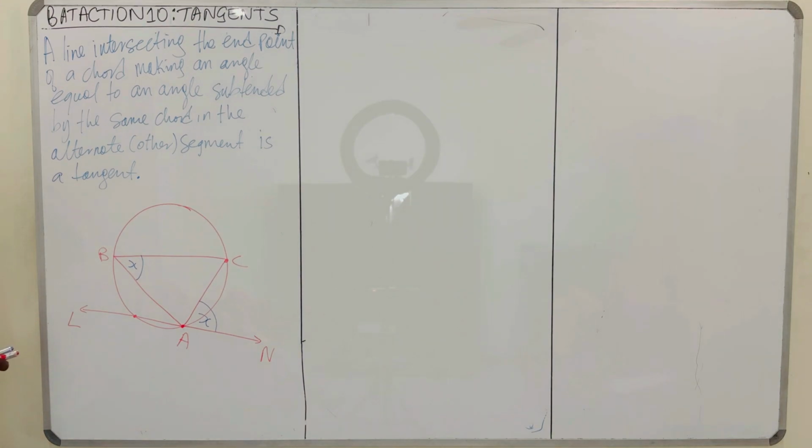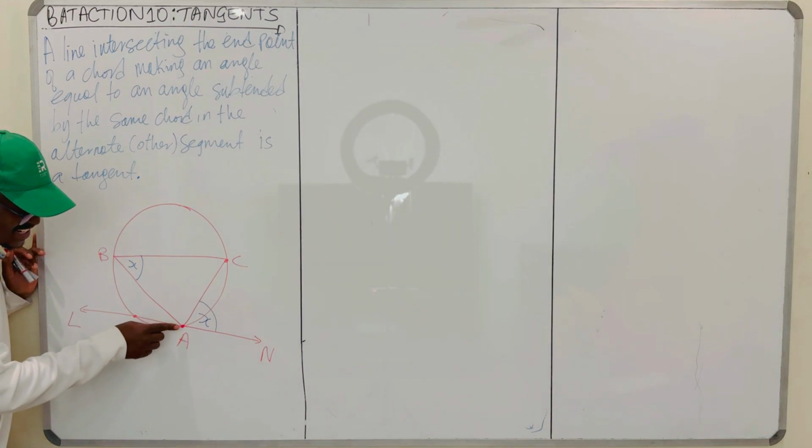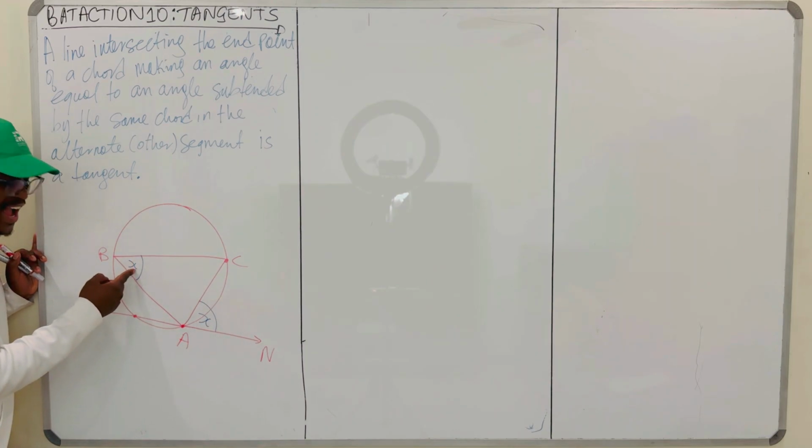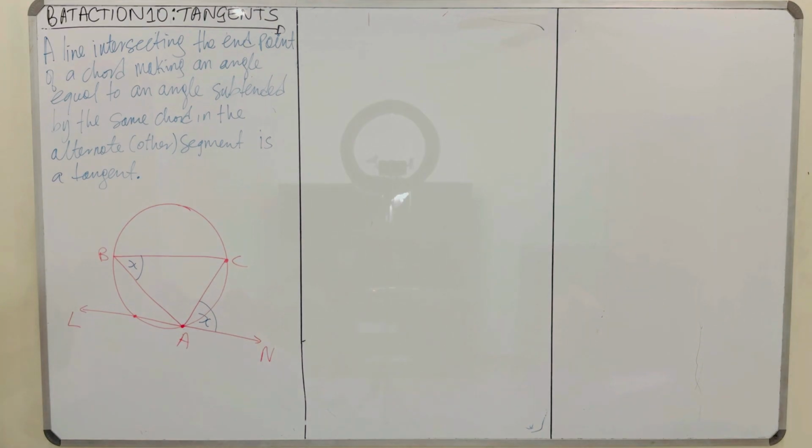Which means, if you have a situation like this where a line intersects a chord at its end point, such that the angle between the line and the chord is equal to the angle subtended by the same chord on the other segment, then that line should be a tangent. You can see that I didn't draw a tangent. I made sure that it cuts twice. So we're about to prove that this should be a tangent.